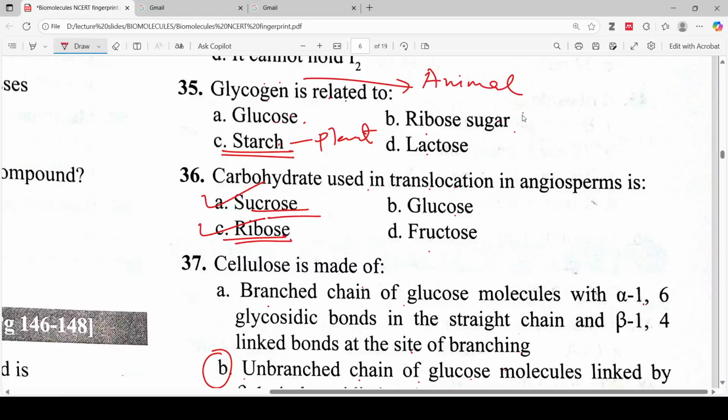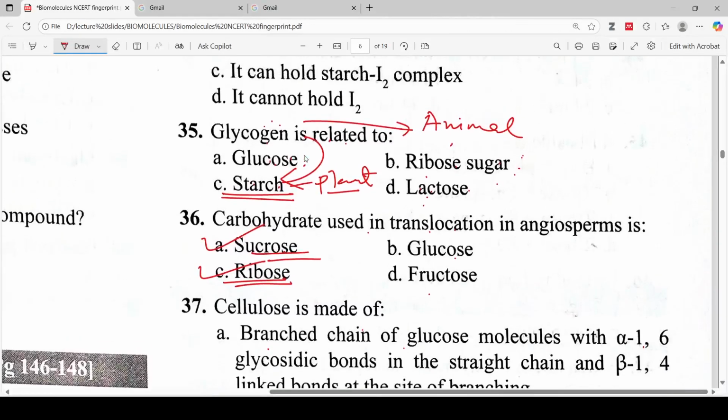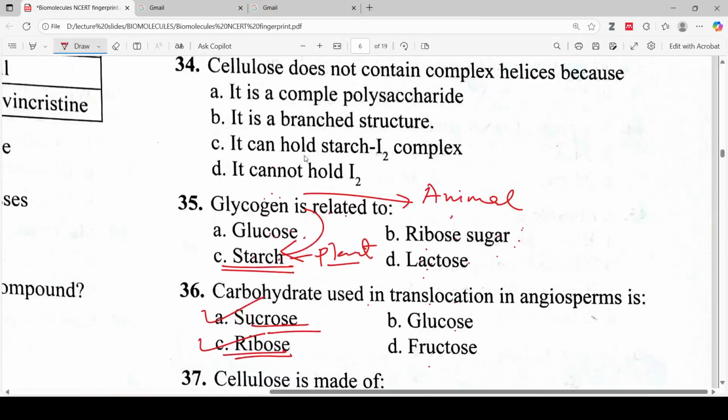Ribose sugar is also a monosaccharide and lactose is a disaccharide. That's why glycogen is not related to glucose, ribose sugar and lactose, but it is related to starch. It is a polysaccharide found in plants, but glycogen is found in animals. That's why option C is the correct answer for this question.